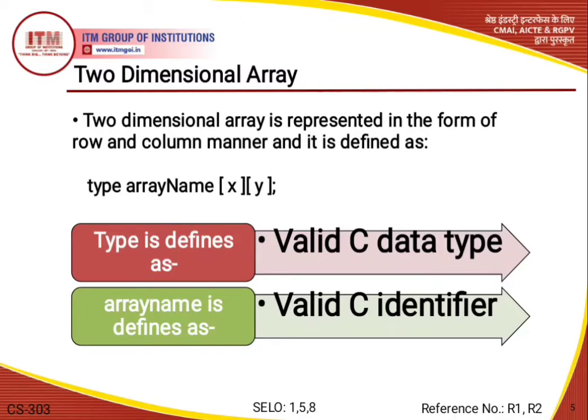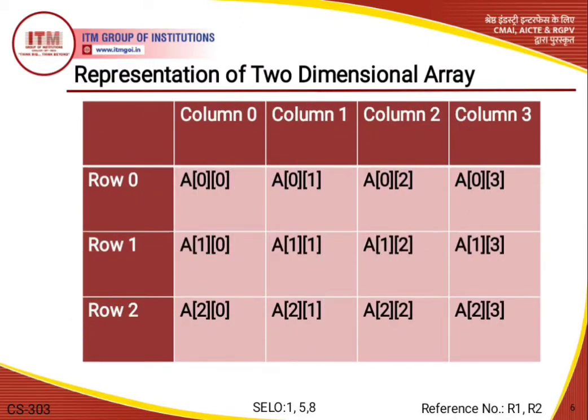So for this purpose, here I am just describing this tabular form for representation of a two-dimensional array. Here this is represented as a 3 by 4. That means 3 rows, 1, 2 and 3, and 4 columns, 0, 1, 2, 3.